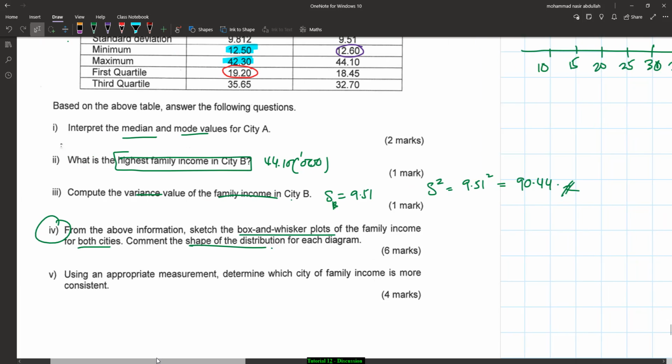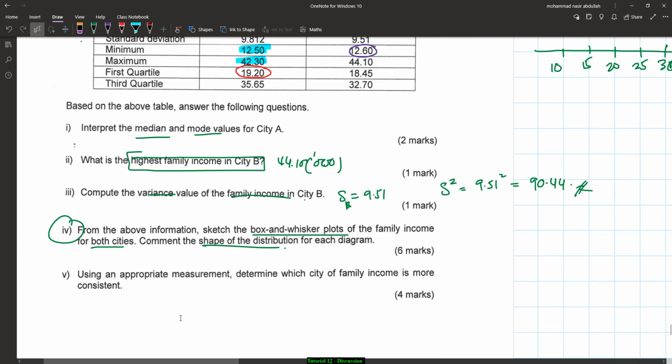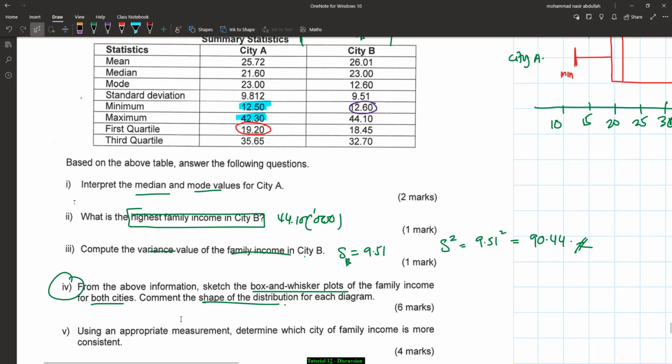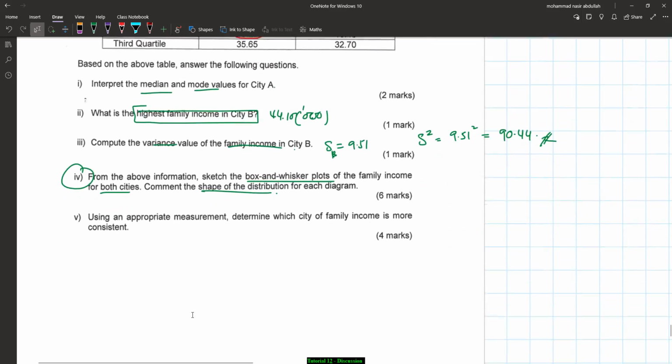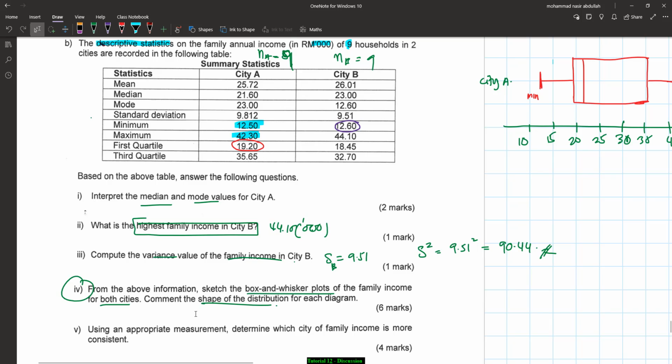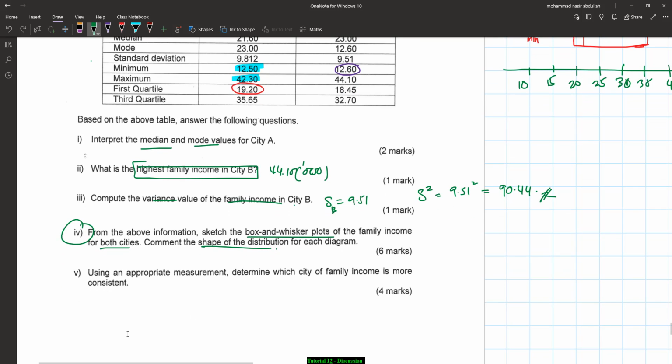So the next question is: using an appropriate measure, determine which city's family income is more consistent. A famous question, so I think you already know how to calculate the coefficient of variation, right? So I leave it to you to calculate this one.